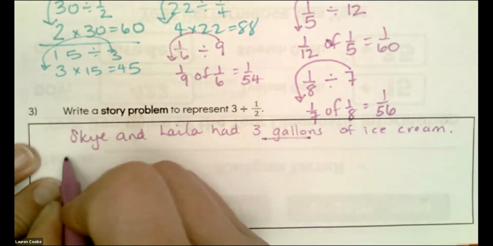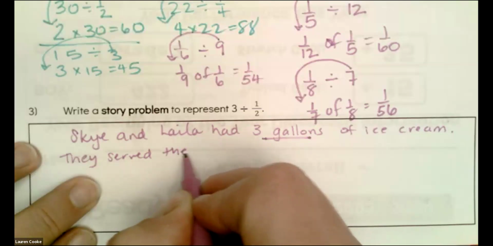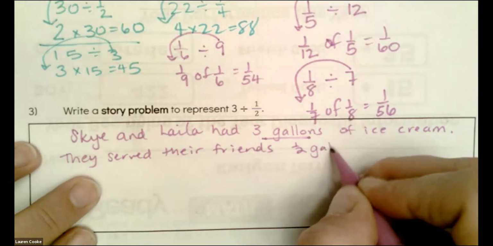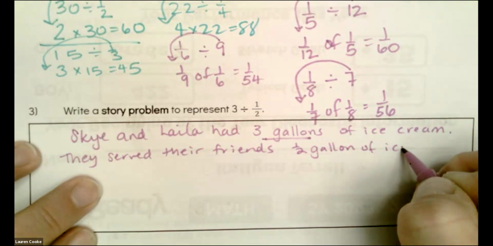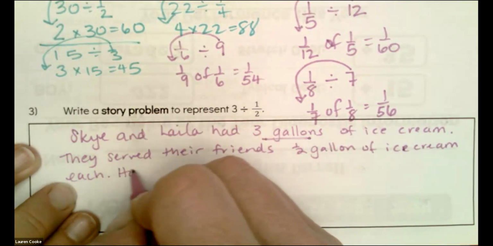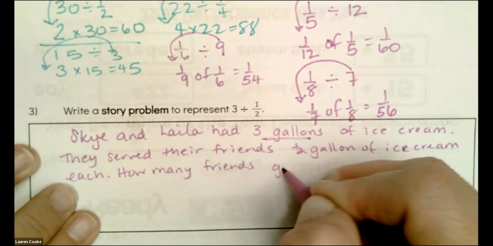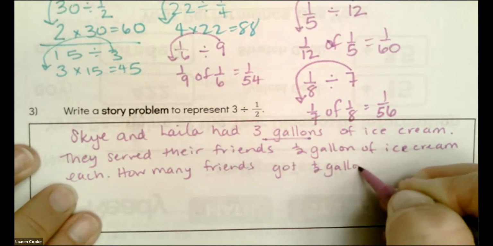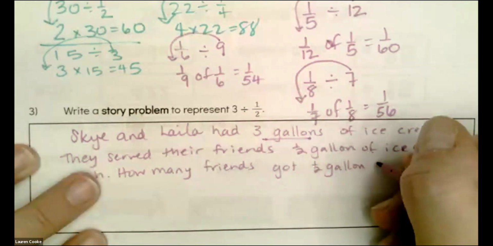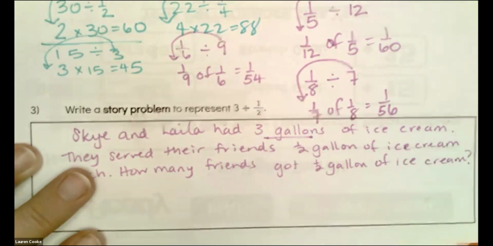It's my dividend. They served their friends 1/2 gallon of ice cream each. My question is going to be how many friends got 1/2 a gallon, which is like 2 Ben and Jerry's things. A 1/2 gallon of ice cream. That's so much.